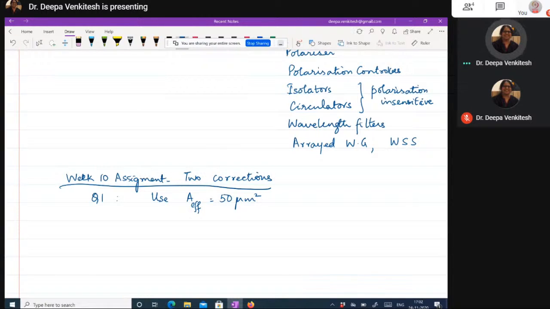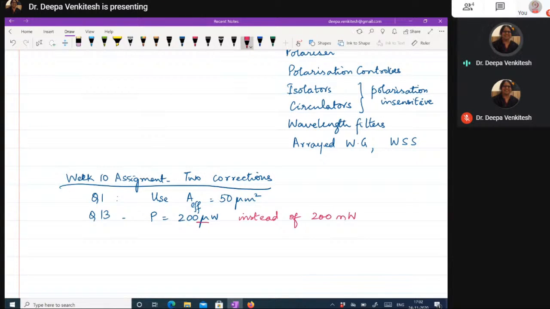The next change is in question 13. We can use the power as 200 microwatt instead of 200 milliwatt.